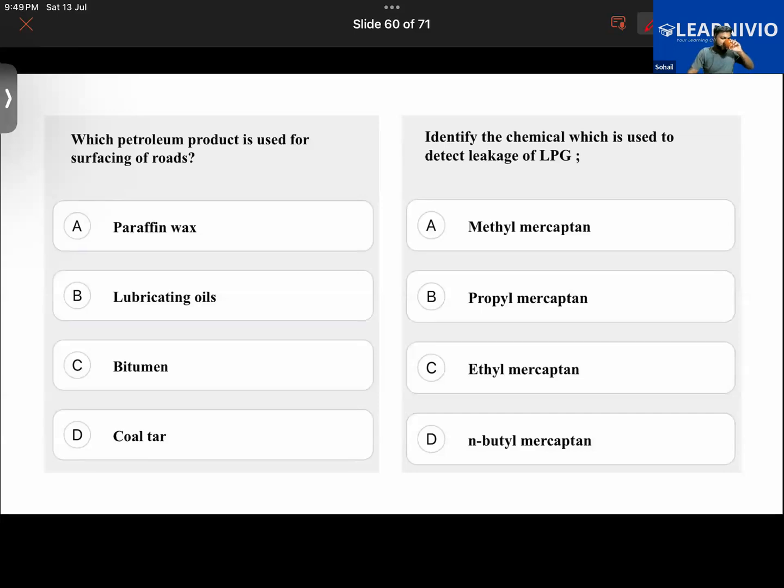Yes, that is correct. Your answer for the first one is correct. Answer the second one also.